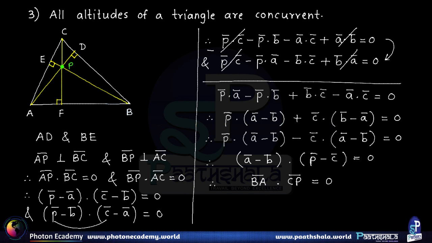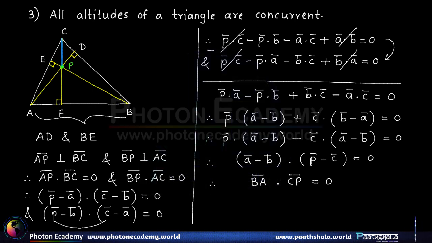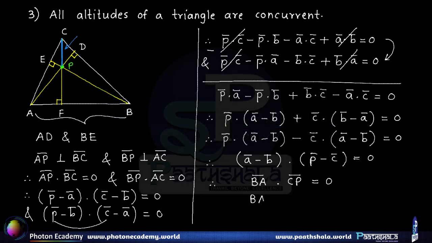Look at the figure once again at what we have got. BA stands for the side BA, and CP stands for the segment joining the point of intersection of the first two altitudes and the third vertex. If BA and CP have their dot product as 0, that means BA must be perpendicular to CP.